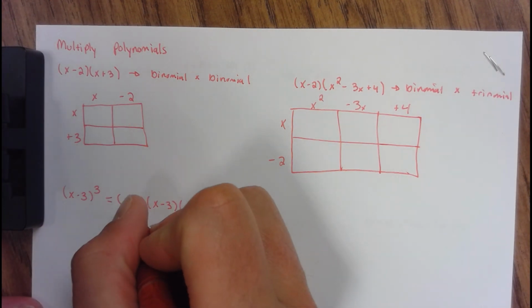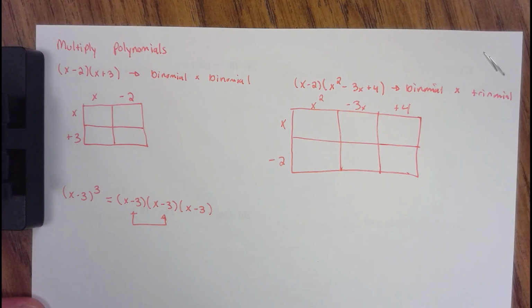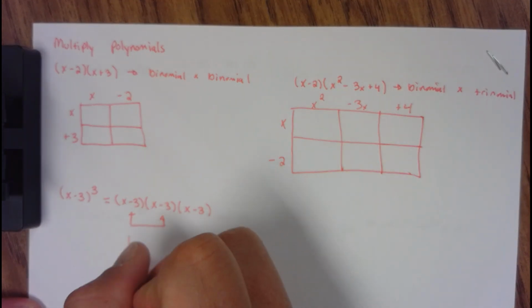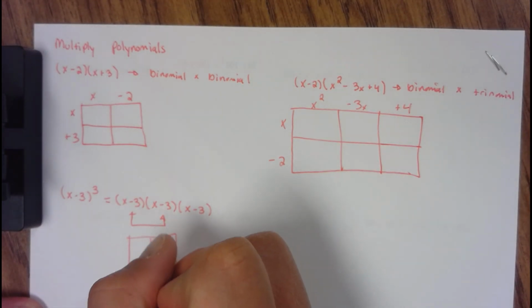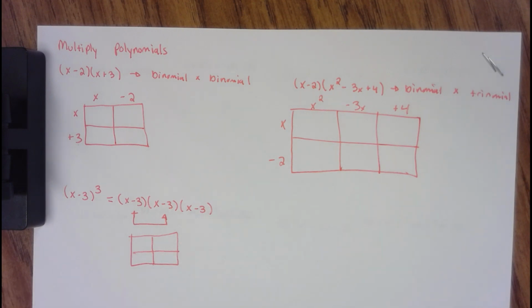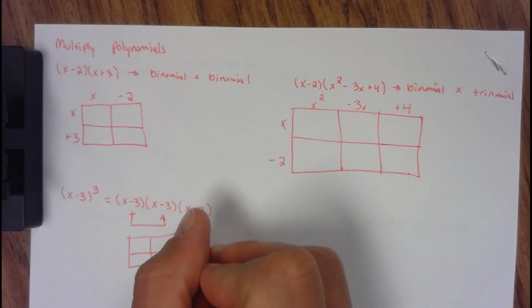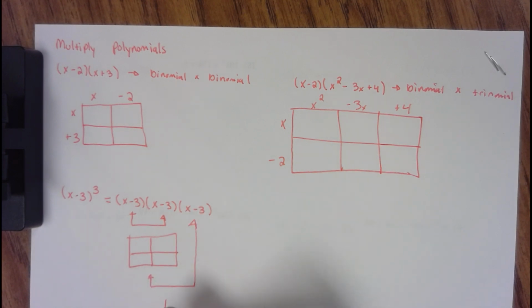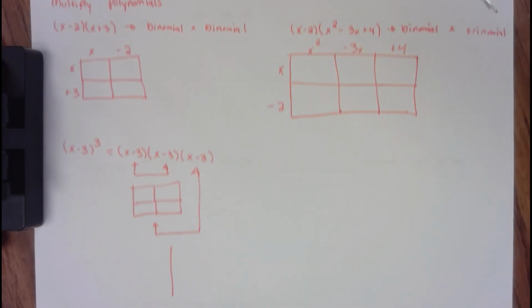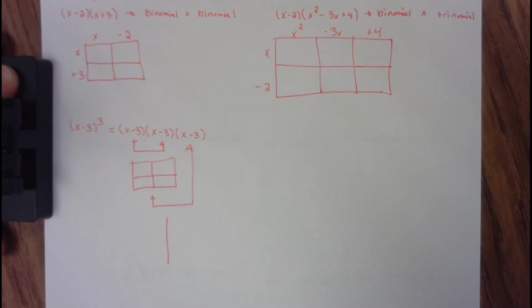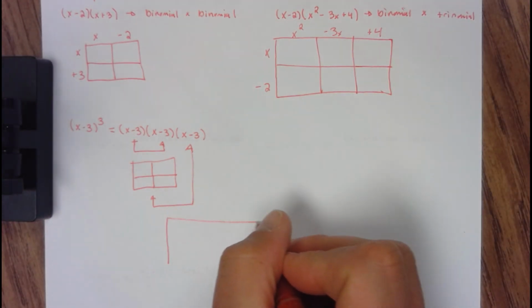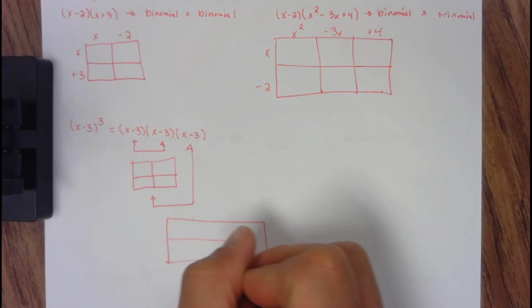So we would take two of these x minus 3s and multiply those together. That'd be a 2 by 2. Then I would take that product and multiply it by the last x minus 3. And that's going to be a bigger set of boxes because now we're going to get a binomial times a trinomial.